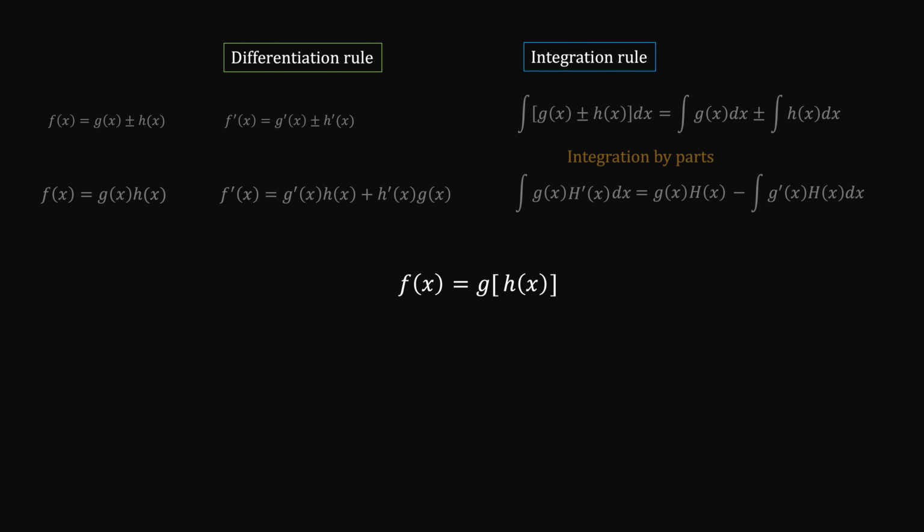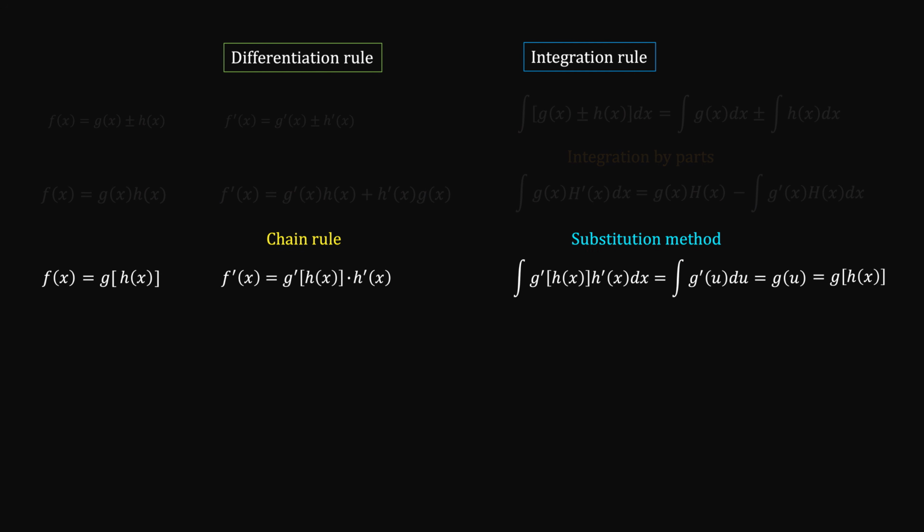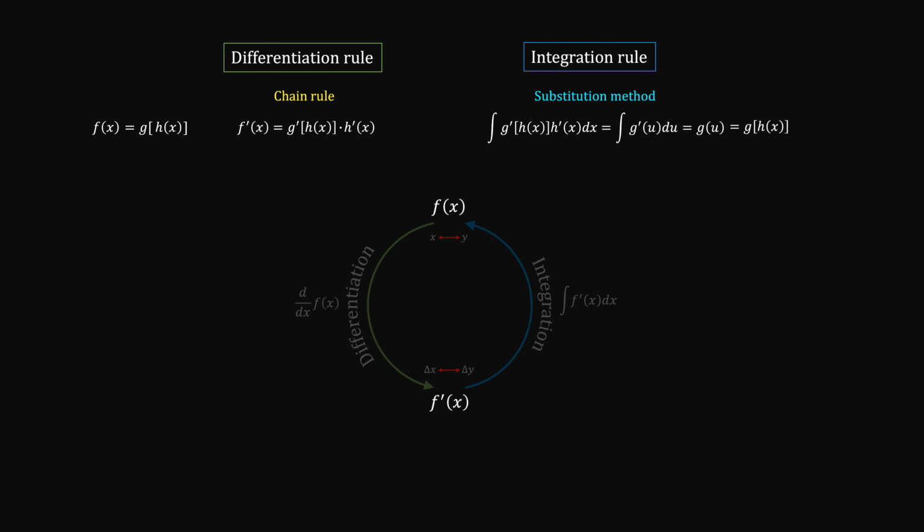For a composite function, we have the chain rule for differentiation. To integrate it, the substitution method is used. It's a bit difficult to comprehend on the surface, but basically, this integration runs the chain rule in the reverse direction. This means we use the chain rule to get the derivative of a composite function.